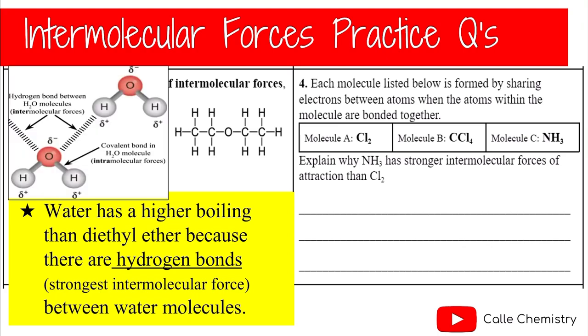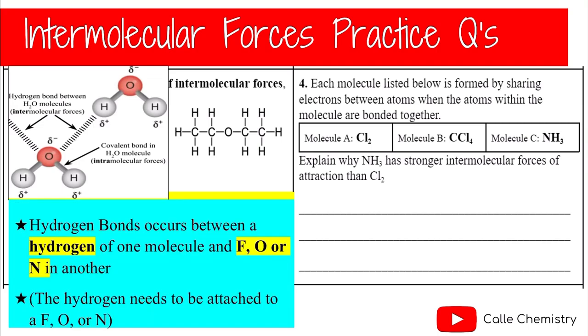We took a look at this picture and we saw that the intermolecular forces are hydrogen bonds between the water molecules. Another thing, hydrogen bonds occur between a hydrogen of one molecule and a fluorine, oxygen, or a nitrogen in another. Now, if you're thinking, well, okay, this one has an oxygen, why aren't we counting that as a hydrogen bond?